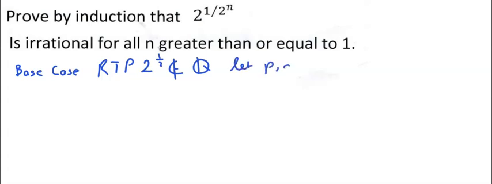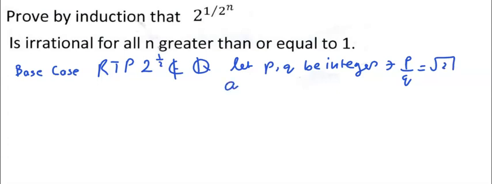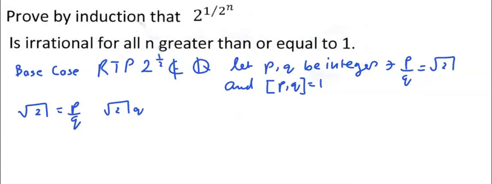We let p, q be integers such that p upon q equals root 2, and the greatest common divisor of p and q equals 1, so that root 2 will equal p upon q, so that root 2 multiplied by q will be equal to p, and so 2q squared will equal p squared.